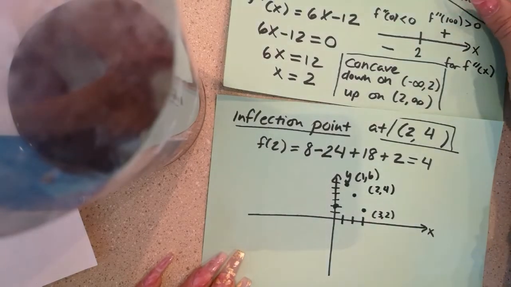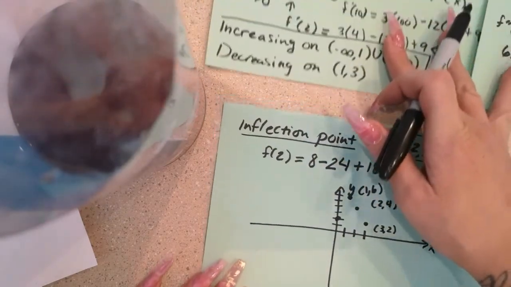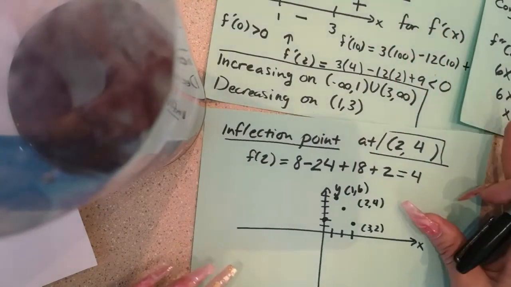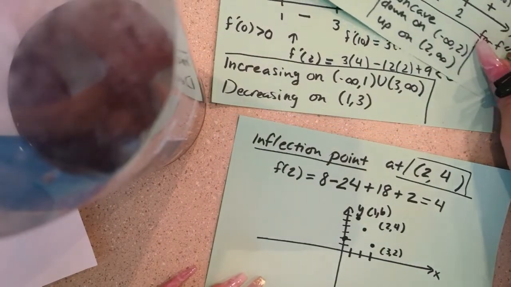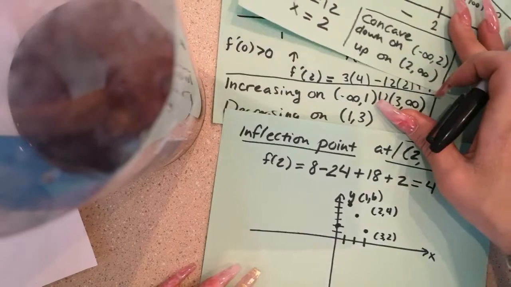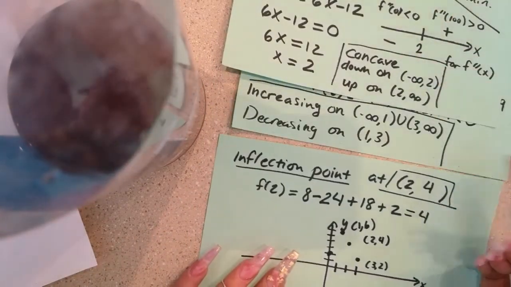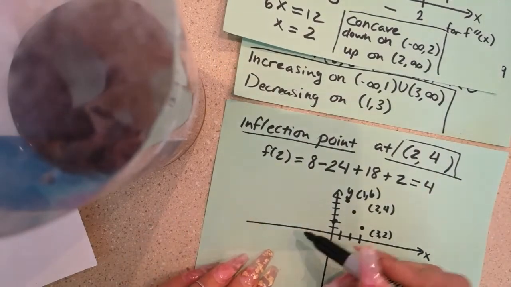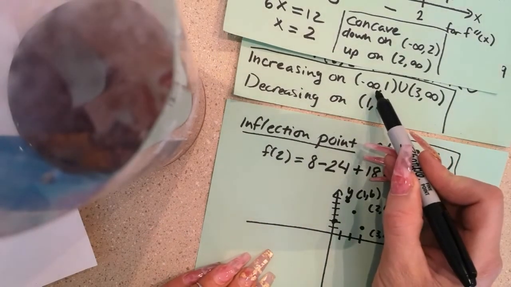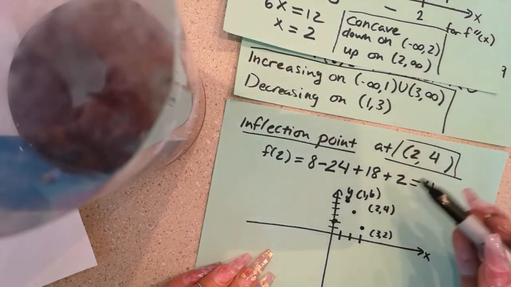Okay, so maybe let me start on the left. So what do I know as far as my intervals go? Maybe I'll put this information together over here. I can refer to it. If I start on the far left, I should be increasing and concave down.